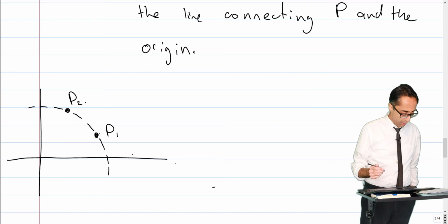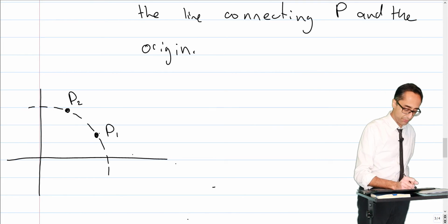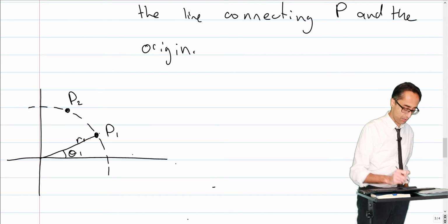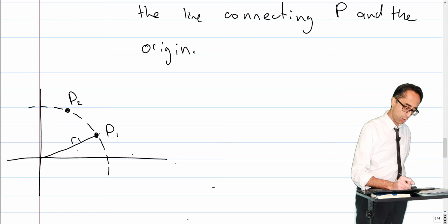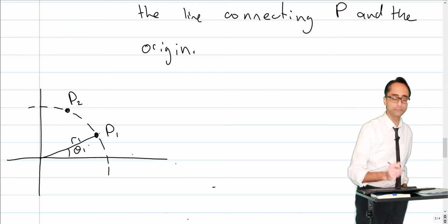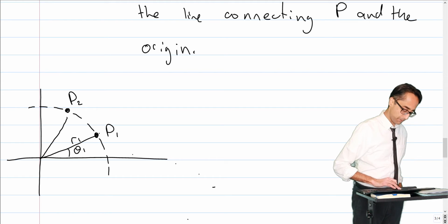And we can describe the motion from P1 to P2 because we know what these two values are. This value can be described as R, theta 1. Let's write that as R1, and we'll call this theta 1, all the way to P2.